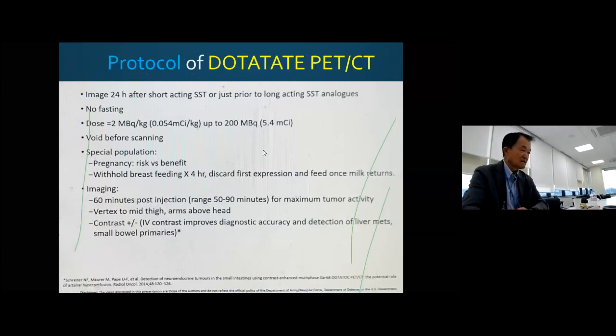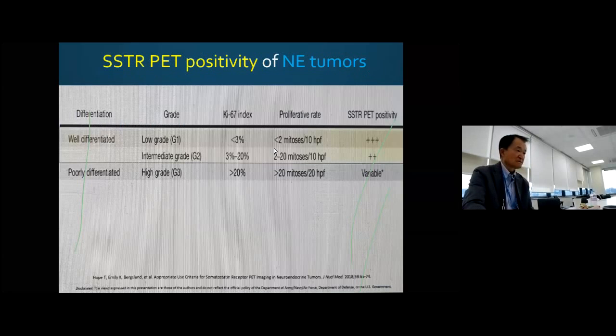And usually we give around 5 millicurie, and then have a scan at 1 hour following injection.